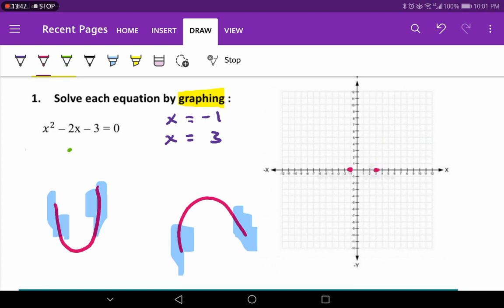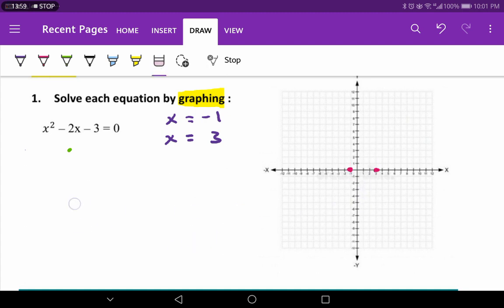So this arm must pass through this and this. This is the meaning of the solution. So if I use my table, I will get the same numbers here. That means the same solution. But why do they ask me by graphing? Just to connect the factoring and the graphing, and both of them go to the same direction.